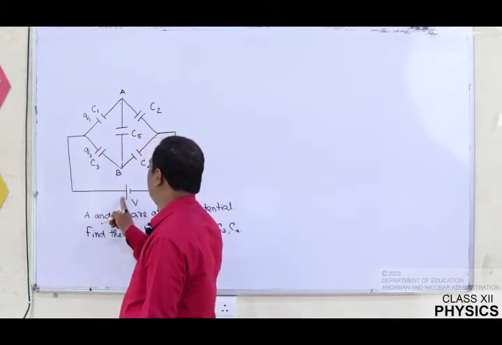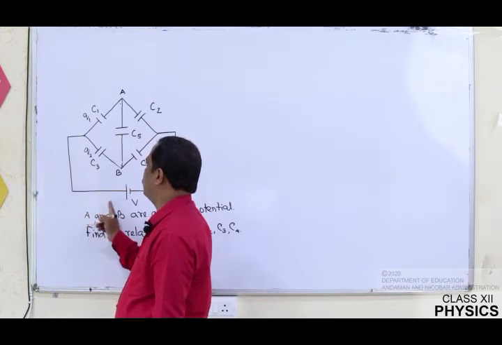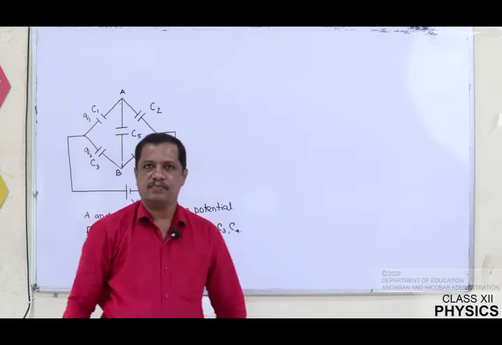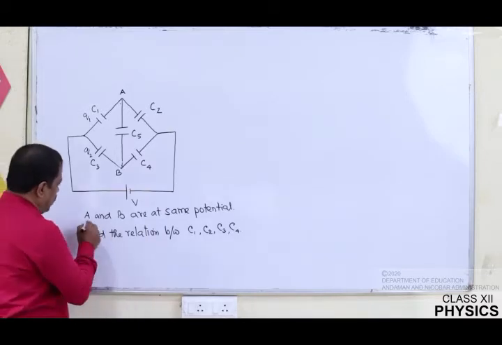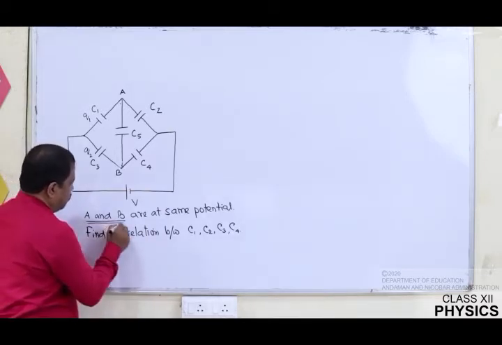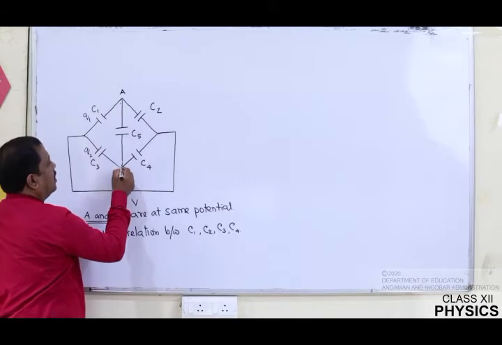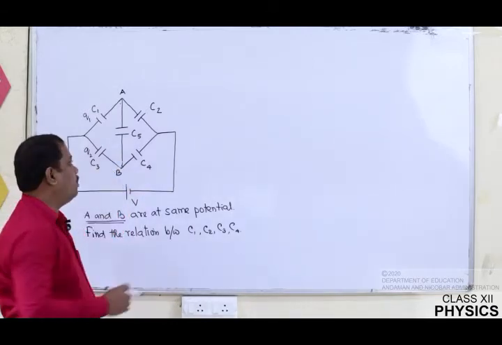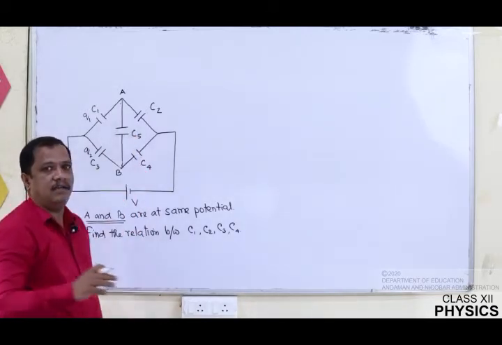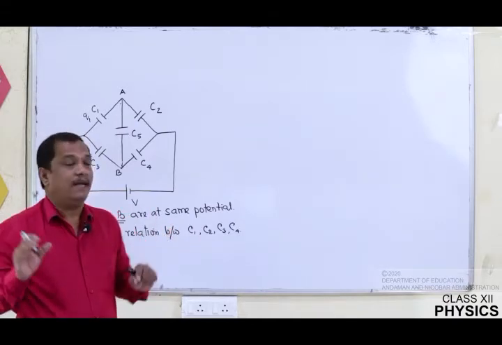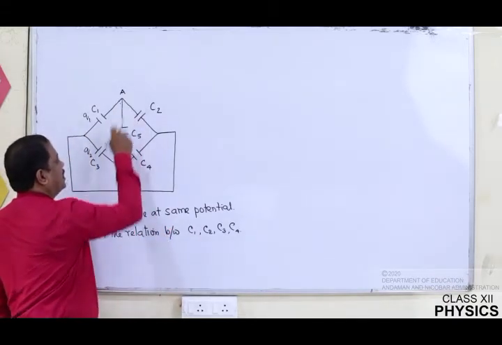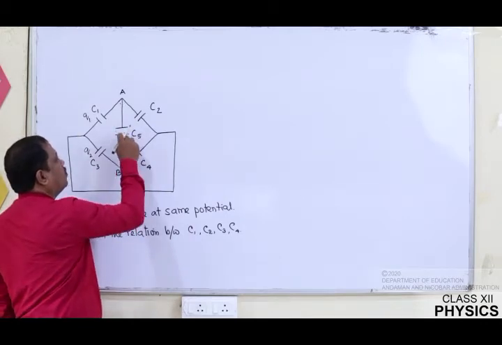So the charge given by this capacitor is Q1 plus Q2. Be mindful that already the condition is given that the point A and B are at same potential. It means the capacitor C5 is not going to charge. That means when these are at same potential, C5 is not going to get charged.